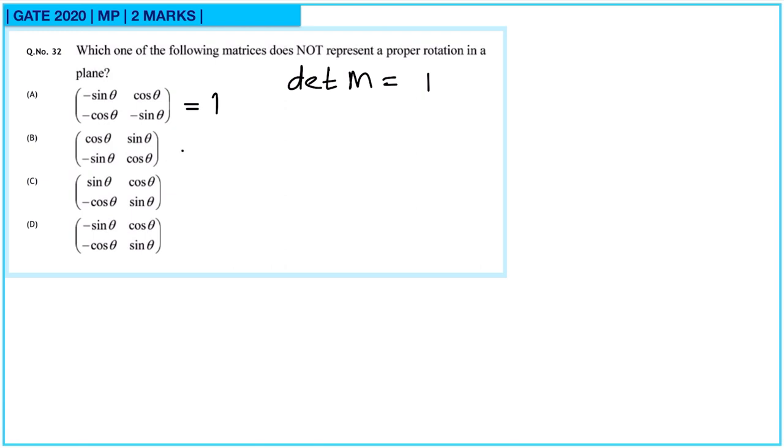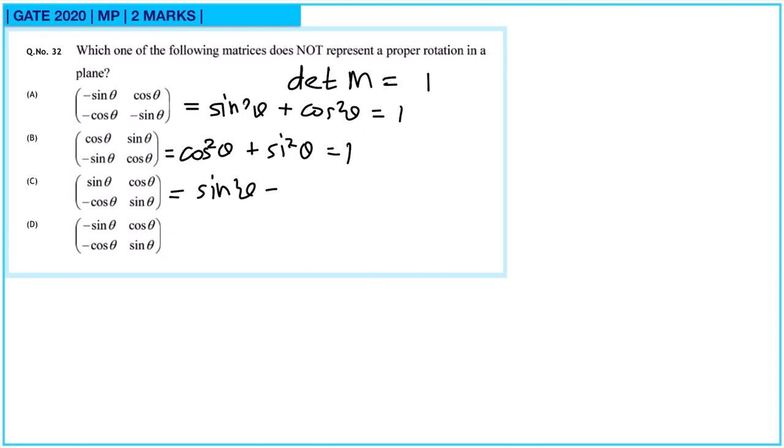Next we have cos²θ + sin²θ = 1. Here we have sin²θ + cos²θ, this is equal to 1. Then we have sin²θ + cos²θ = 1. And here we will have minus sin²θ minus cos²θ. So in the first three cases we are getting 1, but in the last option we will not get a proper rotation.